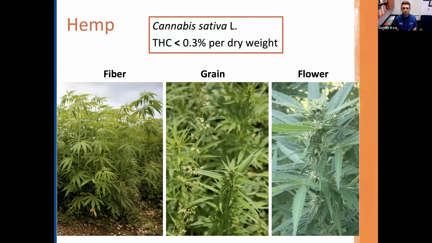Hemp, as it's defined, is botanically Cannabis sativa, so the same plant as marijuana. However, the legal distinction is one of chemistry. So THC, delta-9 tetrahydrocannabinol, must be at a concentration that does not exceed 0.3% to be hemp.